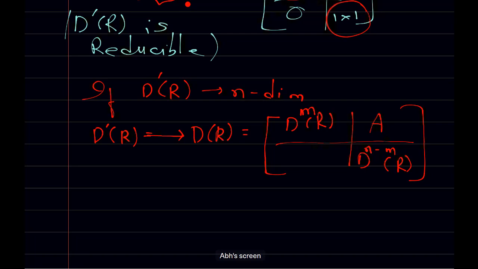You see that D m of R is an m cross m matrix.